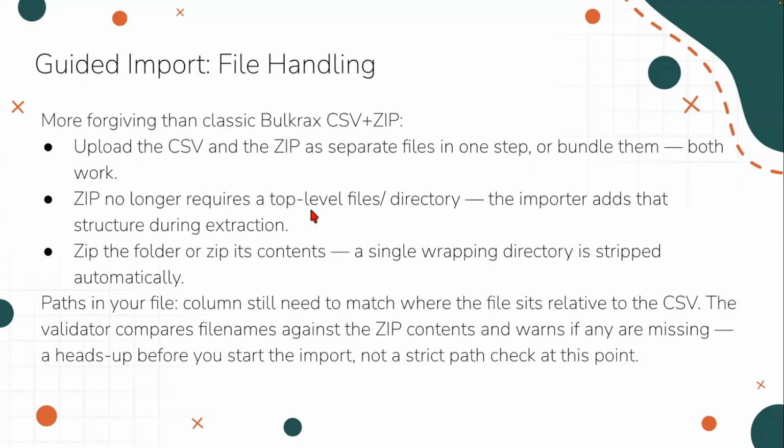And you can zip an entire folder or its contents, so it's much more forgiving on that. The file column in your CSV still needs to match the actual location of the files. The validator currently compares file names, but it doesn't compare actual paths, so you could get some surprises from the validator there.